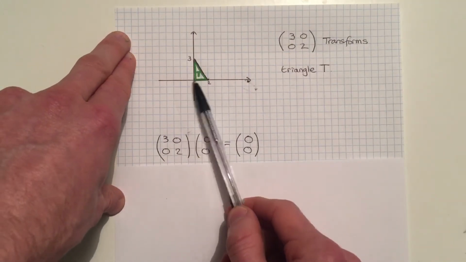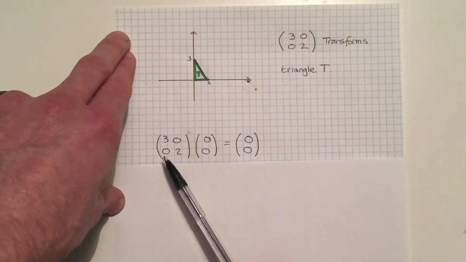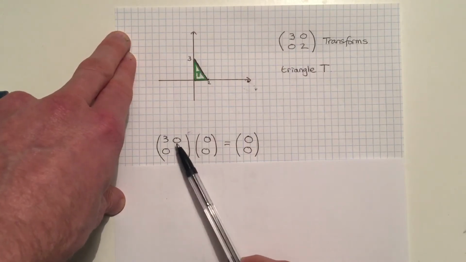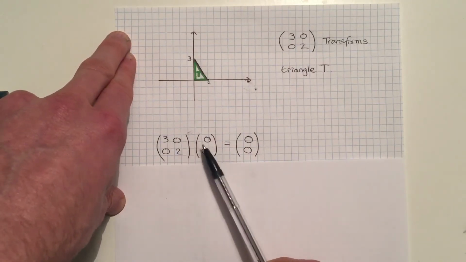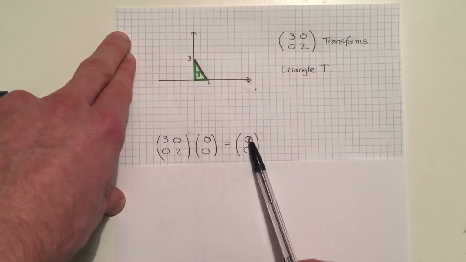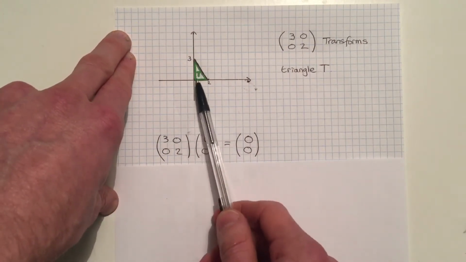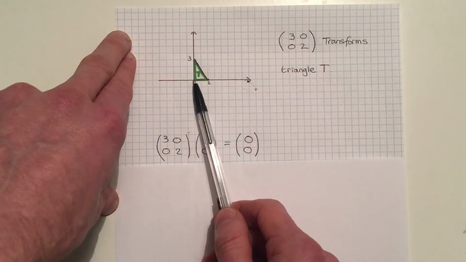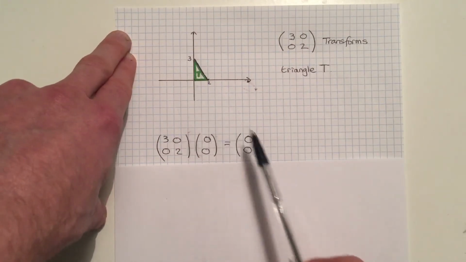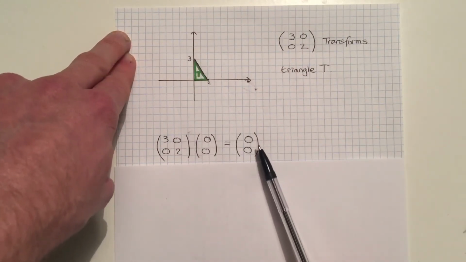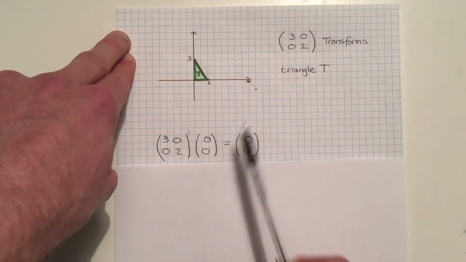This is the coordinate 0, 0 here. If I multiply the matrix 3, 0, 0, 2 by 0, 0, then I will obviously get just 0, 0. So the original 0, 0 gets transformed to the new coordinate 0, 0. So actually this coordinate doesn't change at all.